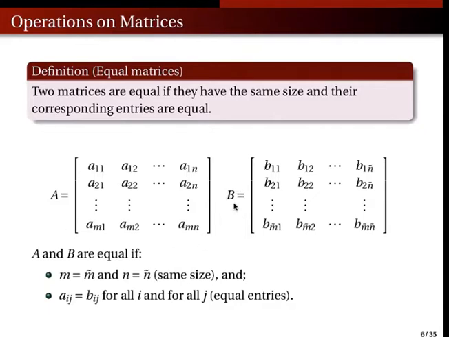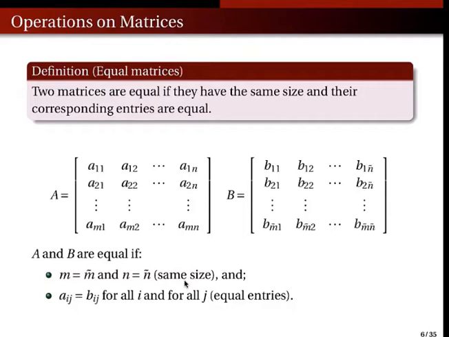And then let us look at matrix B with entries B11, B12 until B1n tilde, take note of that tilde, etc. And then you have Bm tilde 1, Bm tilde 2, until Bm tilde n tilde. So there's a tilde above the letters n and m. We say that A and B are equal if m equals m tilde, so the same number of rows, and n equals n tilde, the same number of columns, so the same size.